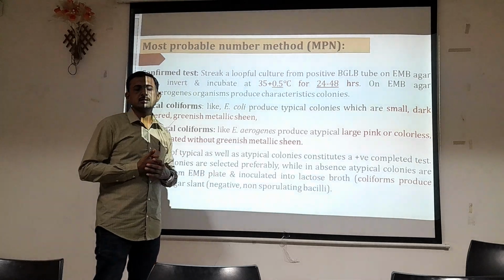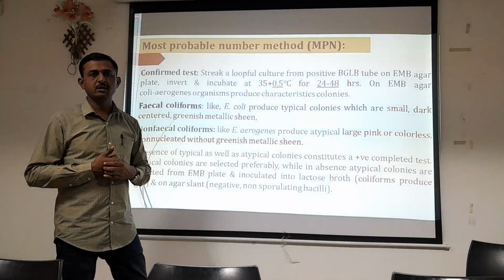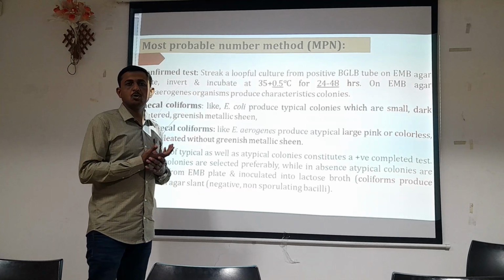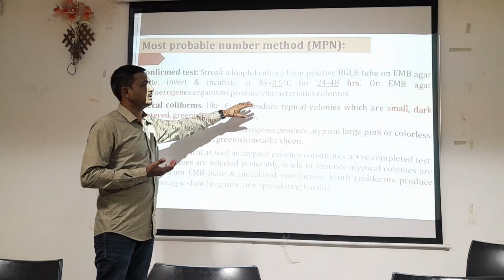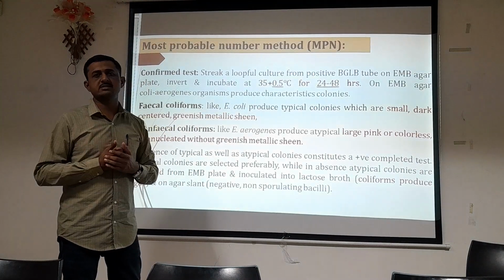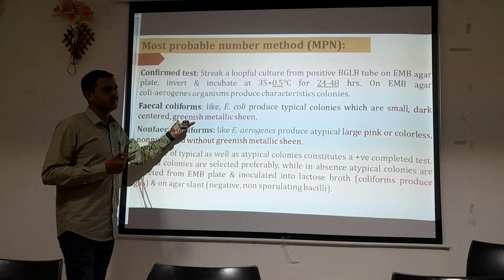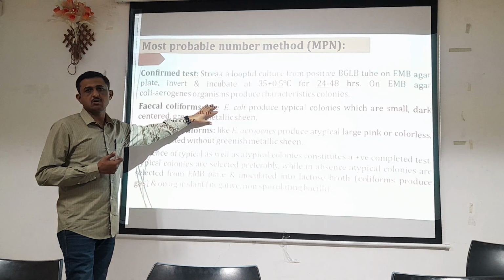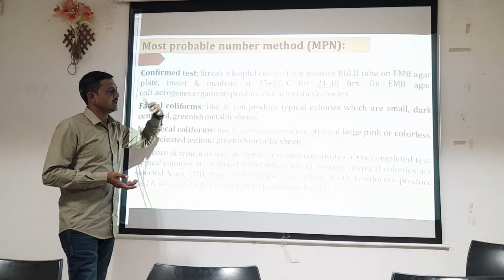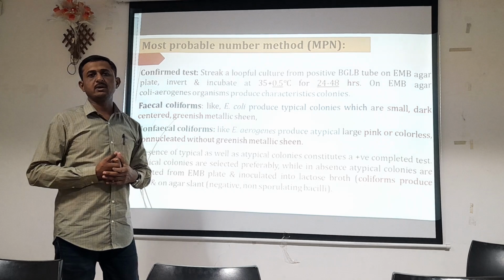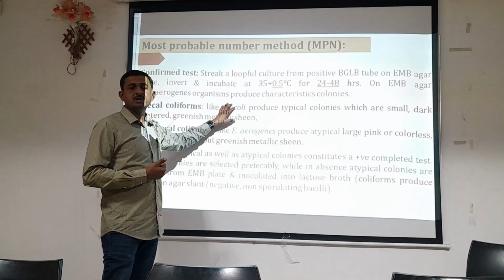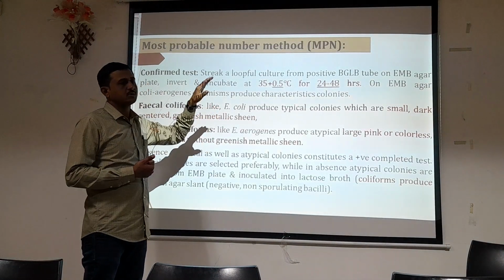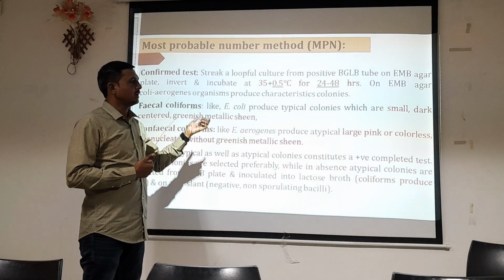If the organism has lactose fermentation ability, the colonies grow normally on that media, and the colony becomes dark centered with a greenish metallic sheen. That means if E. coli is present in a water sample, it shows greenish metallic sheen colonies with small shape and dark center.